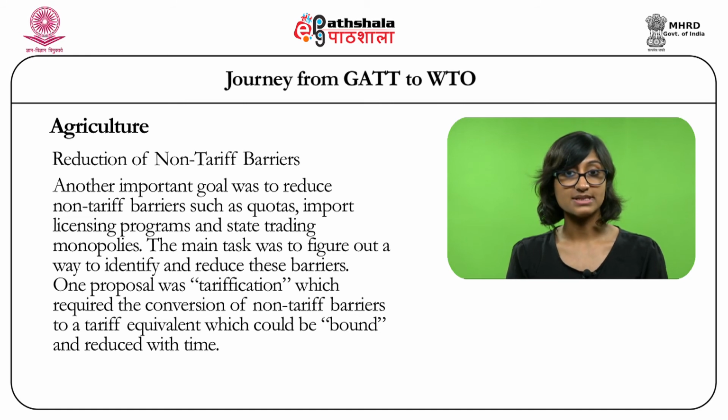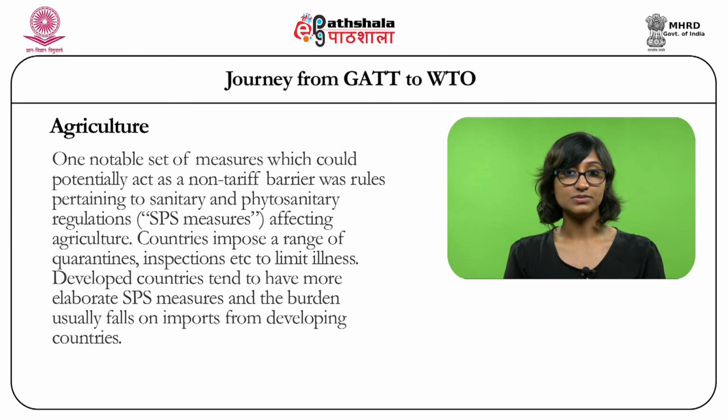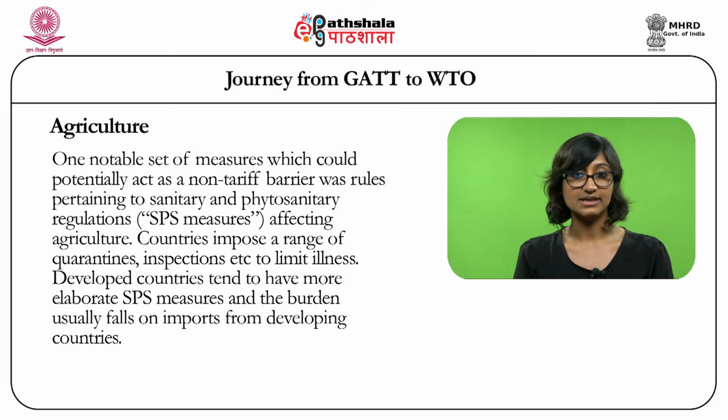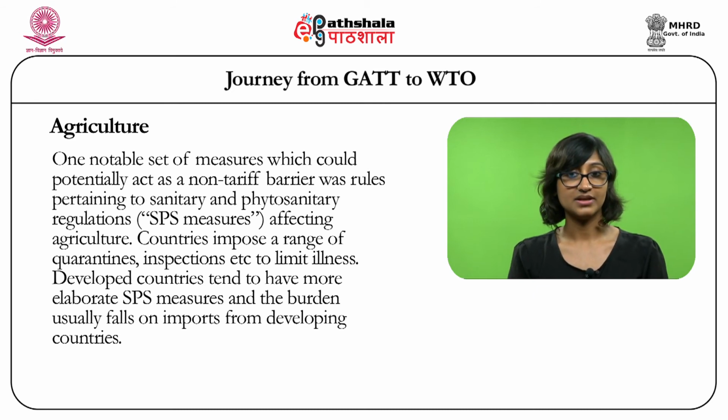One proposal was tariffication, which required the conversion of non-tariff barriers to a tariff equivalent which could be bound and reduced with time. One notable set of measures which could potentially act as a non-tariff barrier was rules pertaining to sanitary and phytosanitary regulations, or SPS measures, affecting agriculture.